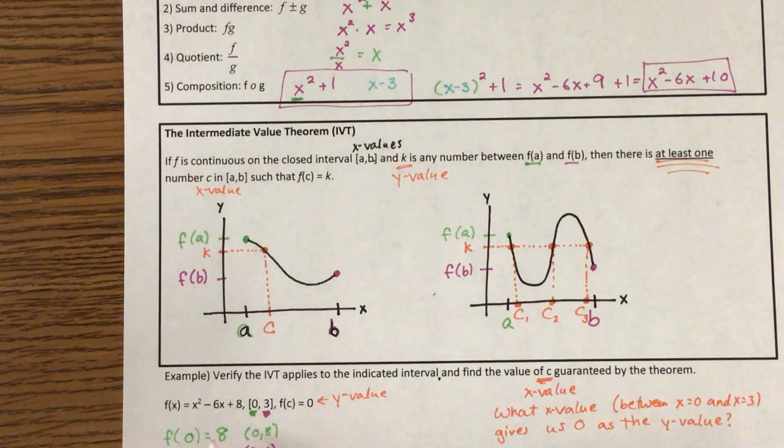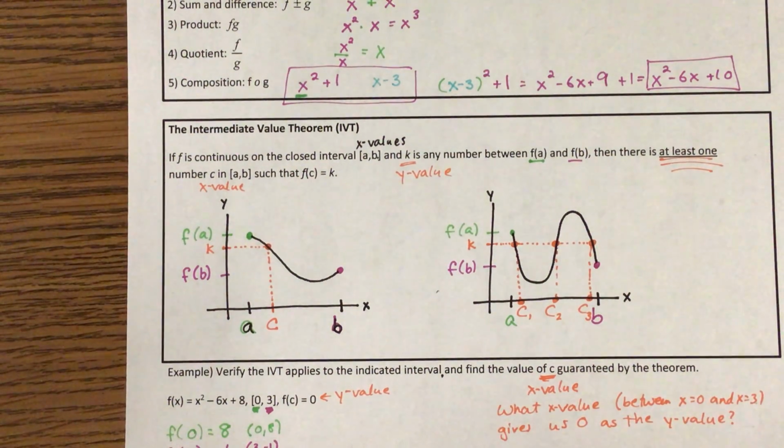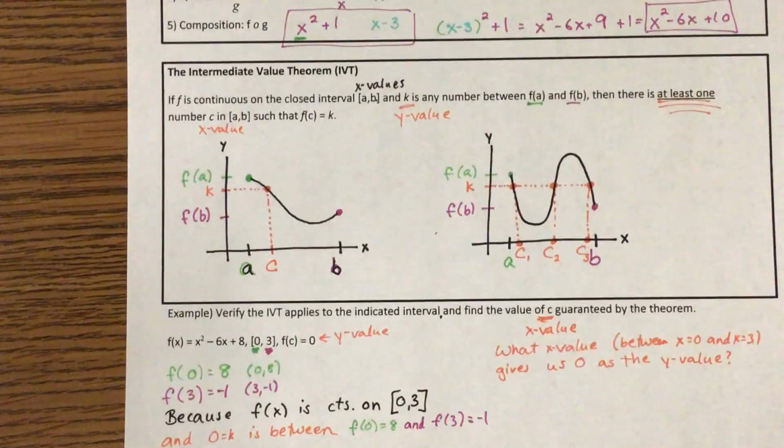Is that y value in between the two y values that we got? Yes. And 0 equals k, right? That's our k value, is between. Then I'm going to put f of 0 equals 8, and f of 3 equals -1, right? 0 is between 8 and -1. Backwards, but yeah, it totally works.